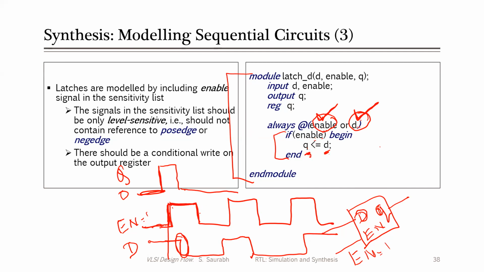And so whenever enable is 0 in this region, whatever the value of Q was there, it will retain the value, right? And that's why there is a latching action. Latching or retention of state will be happening in this latch, right? So for modeling a latch, we should have a conditional, and under some condition, there shouldn't be a write, and that condition is enable is equal to 0. In that case, Q will not be written anything. It means that it is holding the previous state.